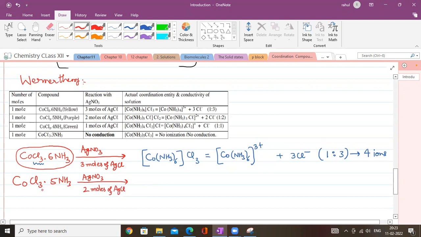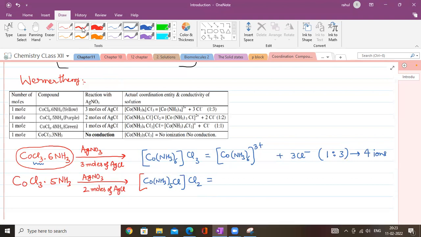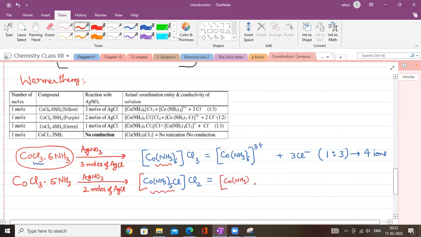So he concluded that out of 3, only 2 are outside, and only 1 is inside the coordination sphere, and that's why he reached the structure [Co(NH3)5Cl]Cl2: 1 Cl inside and 2 outside. As I said, the earlier one is a homoleptic complex, and he reached a heteroleptic complex with this, because if you ionize this, it will be 2 plus plus twice Cl minus, in 1:2 ratio, conducting for only 3 ions.